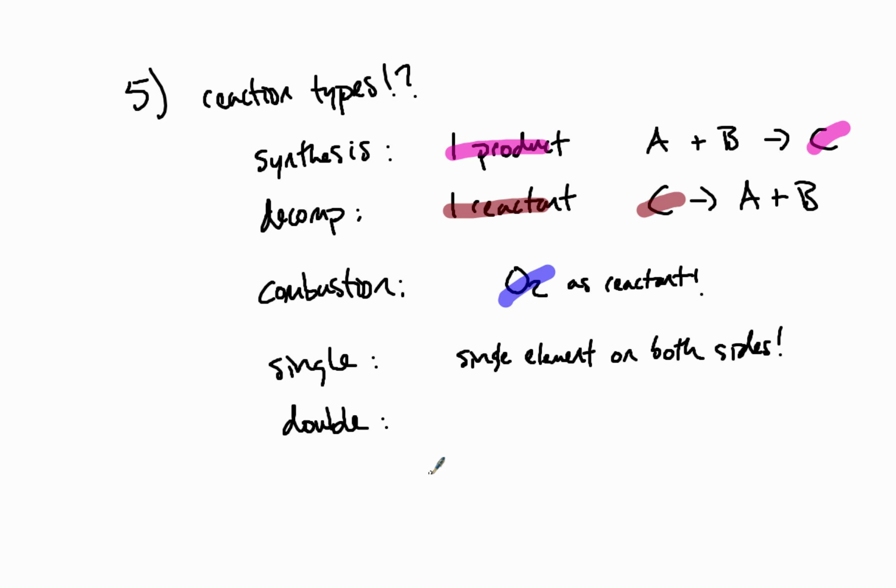So know to look for single elements as opposed to compounds, right? Because that's what you look for in double displacement. You should have two reactants and two products, but they're all compounds.